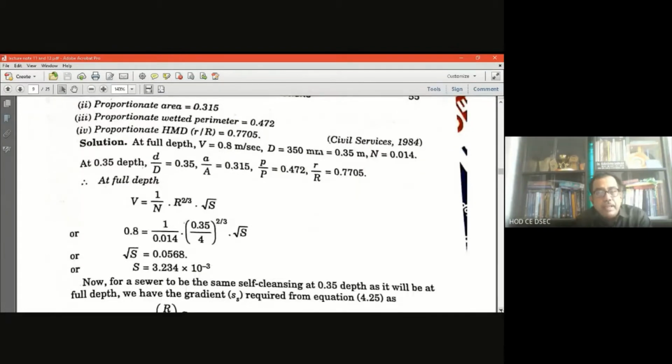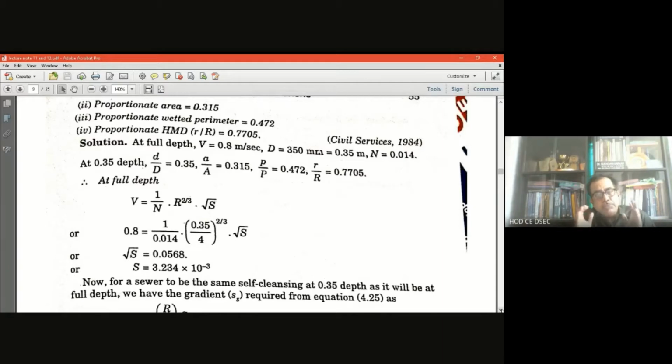At full depth, v equal to 0.8 meter per second is also stated. For D equal to 350 millimeter, that means 0.35 meter, small d by D is 0.35, and a by A, p by P, r by R are all given in the question.